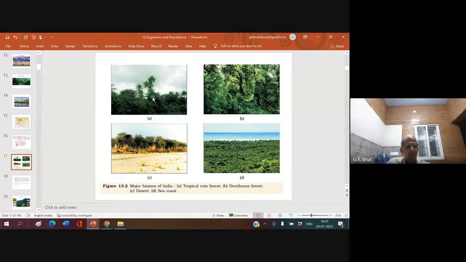Rarely does the sunlight penetrate and fall on the bottom. Deciduous forest is generally open forest. You see a lot of space between the trees, and because of the spaces, you come across some weeds growing there. Next, C is the desert, and D is the sea coast.